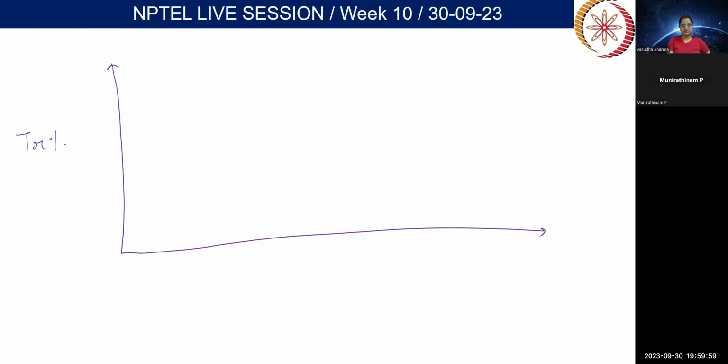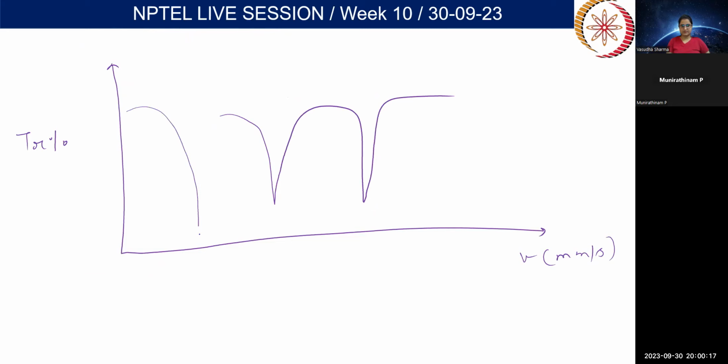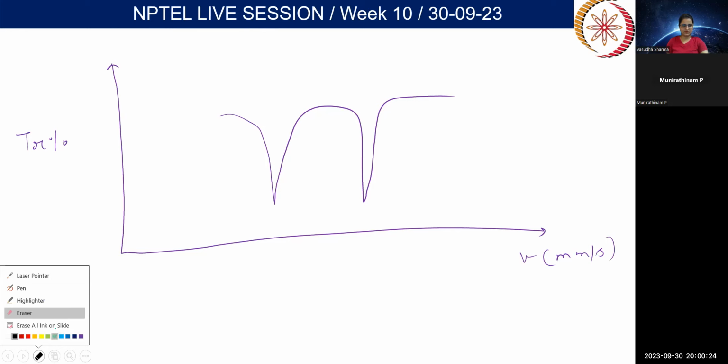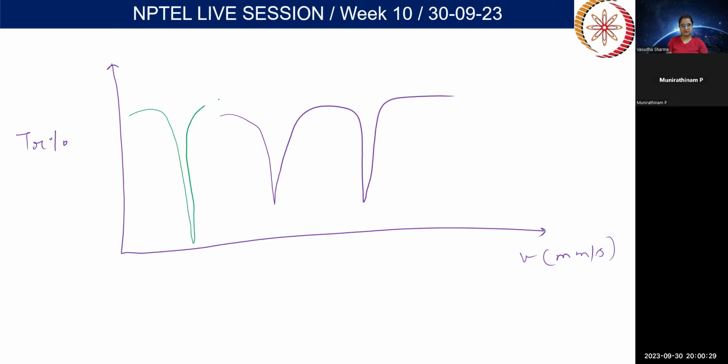we have transmittance, we have velocity in mm per second. So here we have the first one and second one we are having. Right.